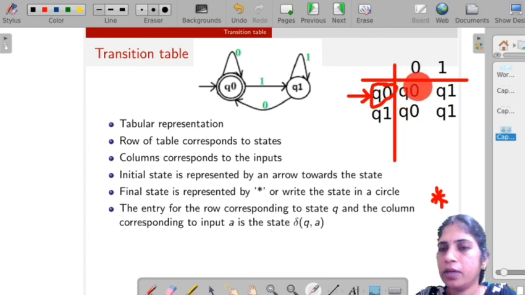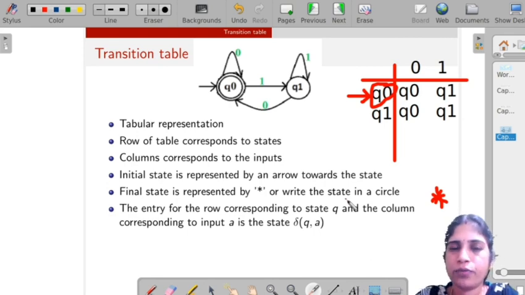The initial state is marked with an arrow towards the state, and the final state can be represented in two ways: put a star mark before the state or circle the state. So this is the transition table. These are the two methods for representing finite automata or transition diagram. Okay, thank you.